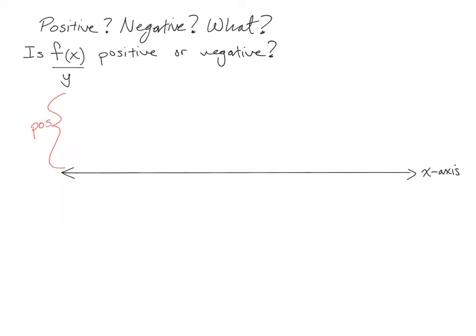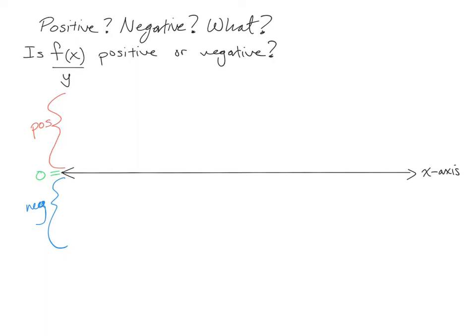Similarly, if you travel anywhere along the x-axis and then move down, the y value will be negative. So anything down here we would say is negative. Now what about being on the y-axis? If you travel along the y-axis and you don't move up or down, that's just a zero. That is exactly what we have been doing. We've been finding so many zeros, where y is equal to 0.